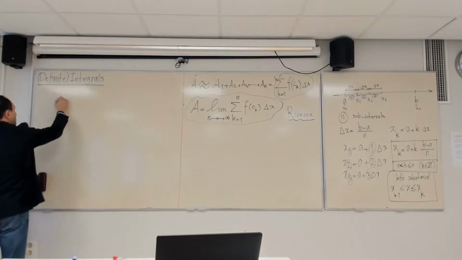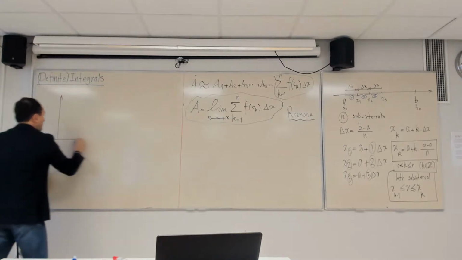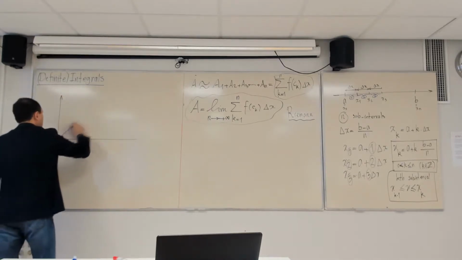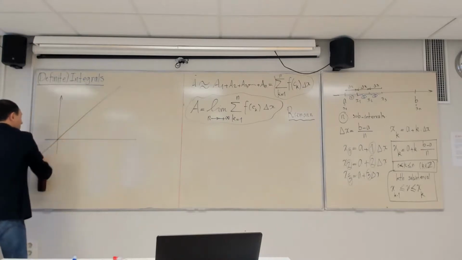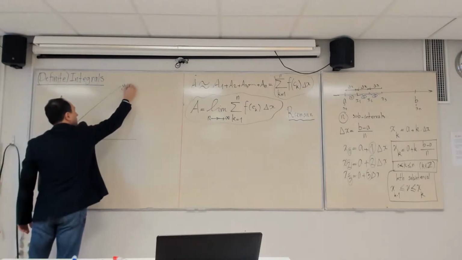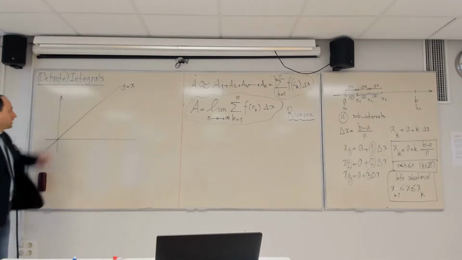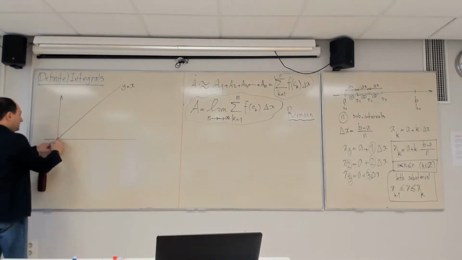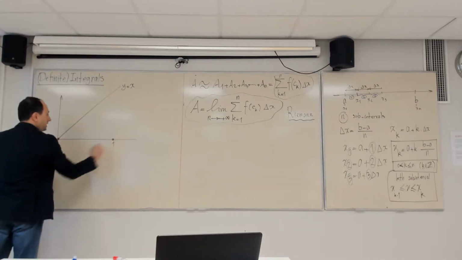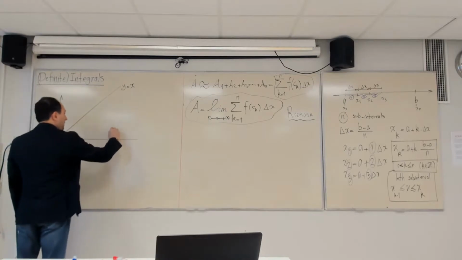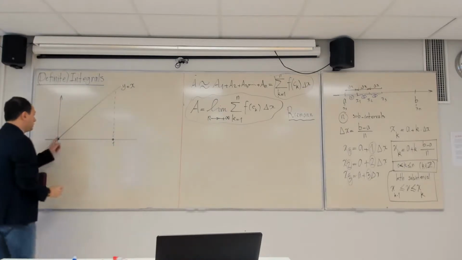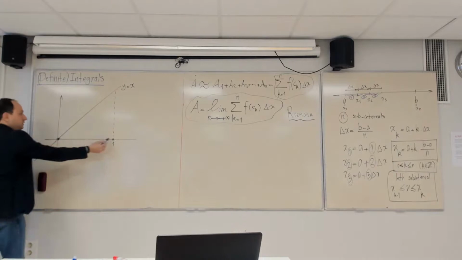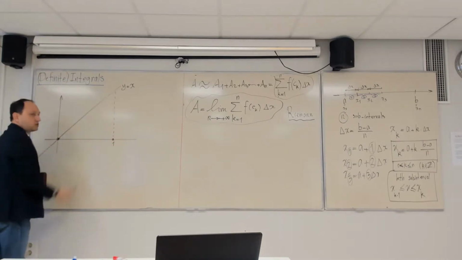I want to exaggerate the picture a little bit so that you can see it. So let us call this function y equals x. Of course, this is the bisector, and I'm exaggerating it. Let us take this one 0 and take this one 1, and I want to measure the area of this triangle.